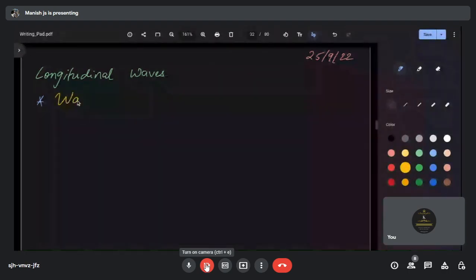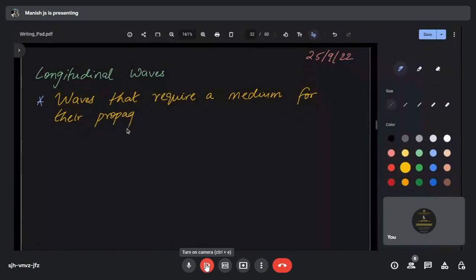Okay, so the waves that require a medium for their propagation, so you call them a longitudinal wave, first and foremost point.